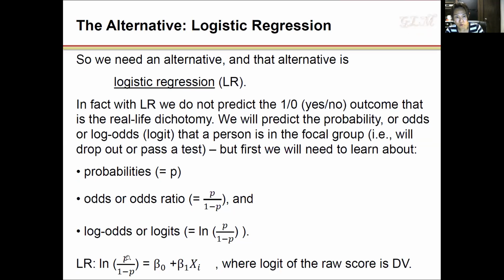Then p over 1 minus p equals exponential of beta 0 plus beta 1 xi, where the logit of the raw score is the dependent variable.